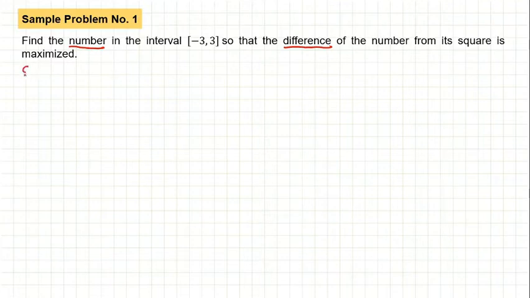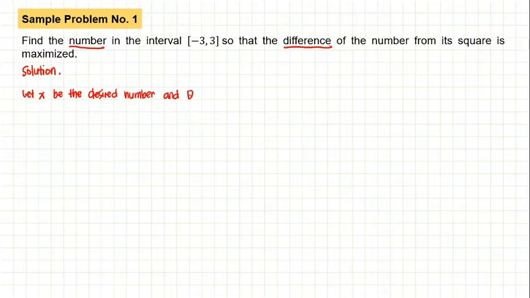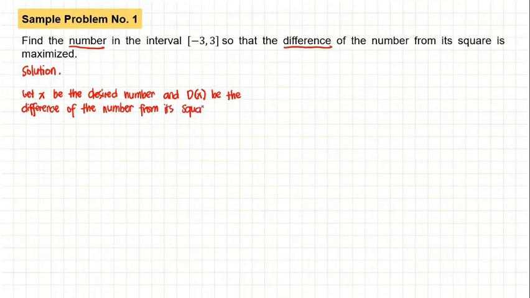So in our solution, okay, we will let x be the desired number and we let d of x be the difference of the number from its square. Okay, so that is our first step.